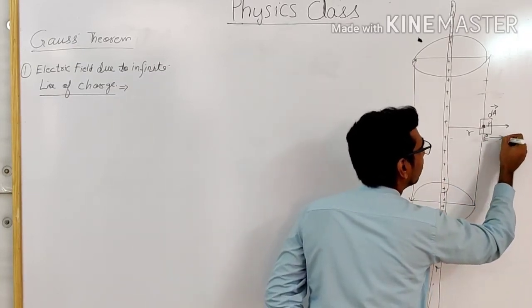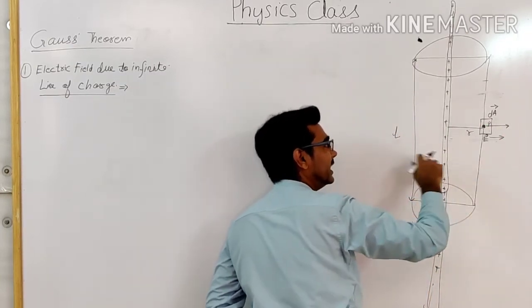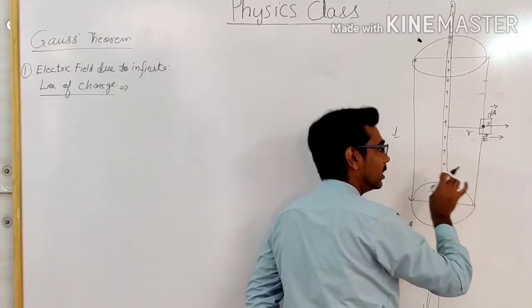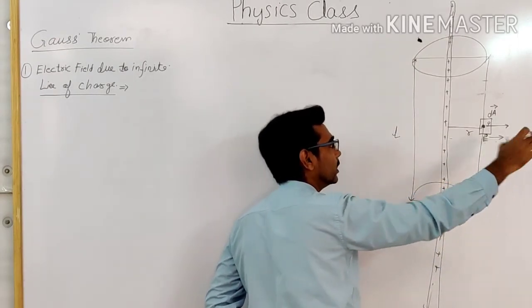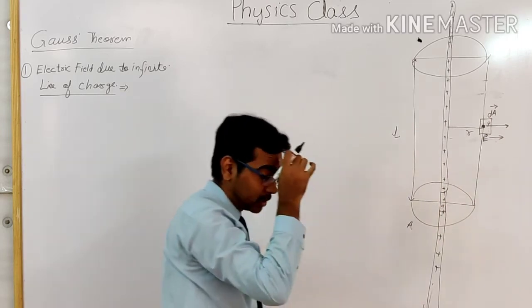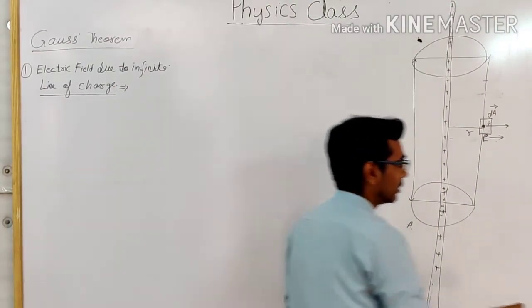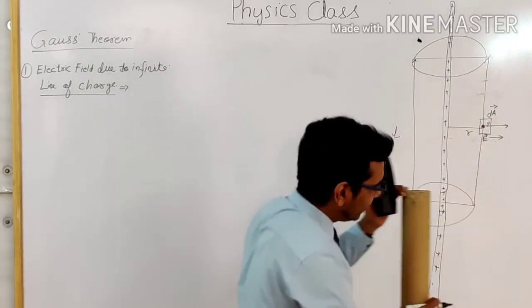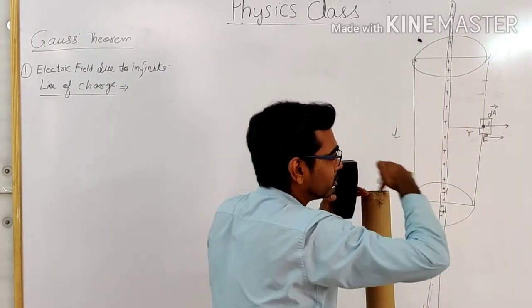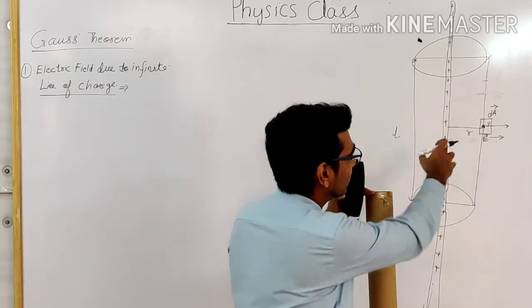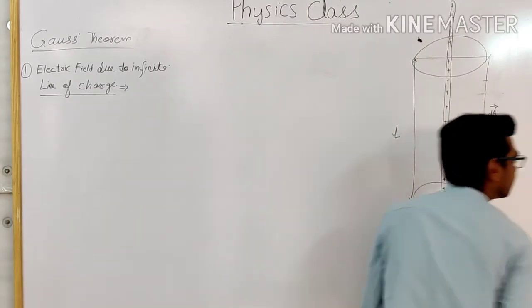Its direction will also be radially outward, along the radius and outward. So dA and E are parallel, if this is the dA vector and lines of force are also going outward.